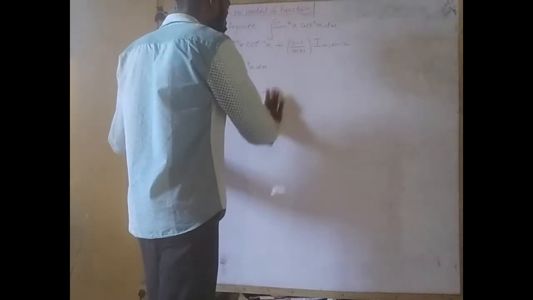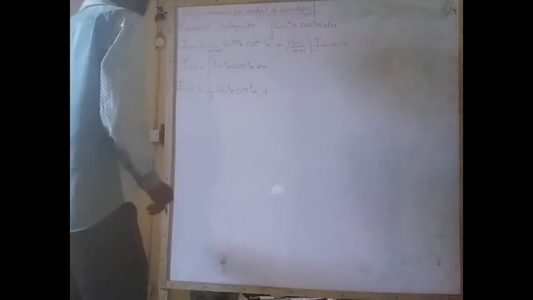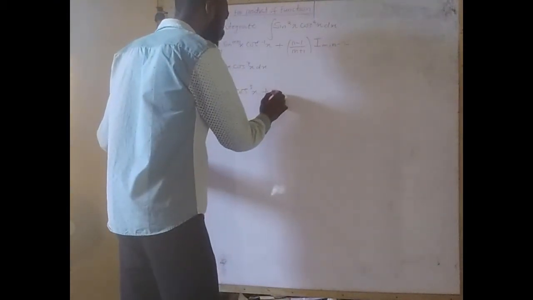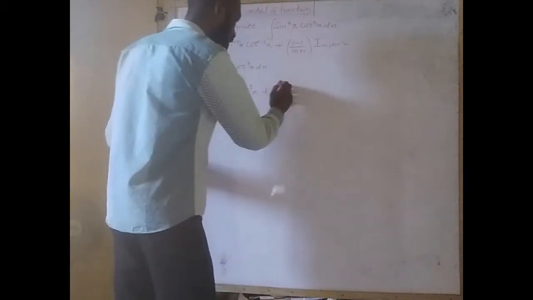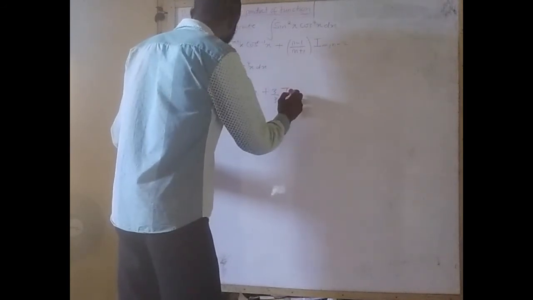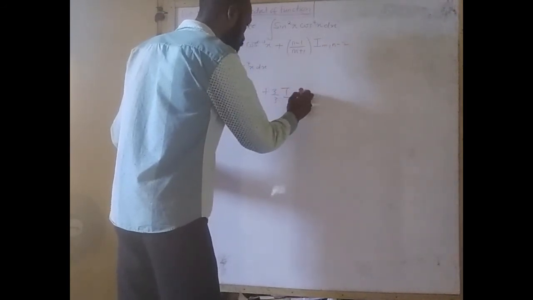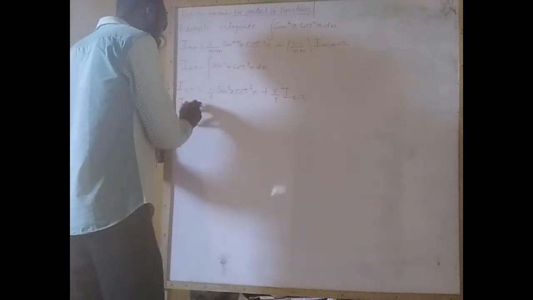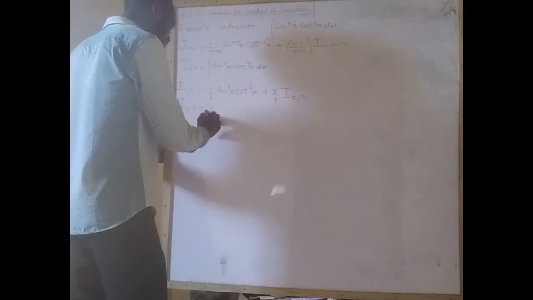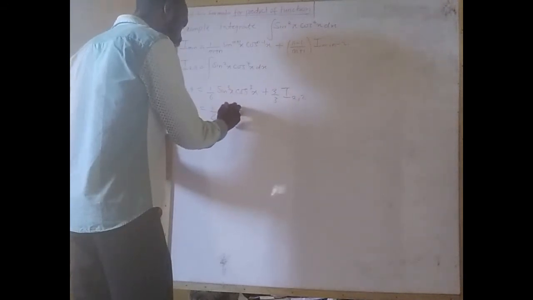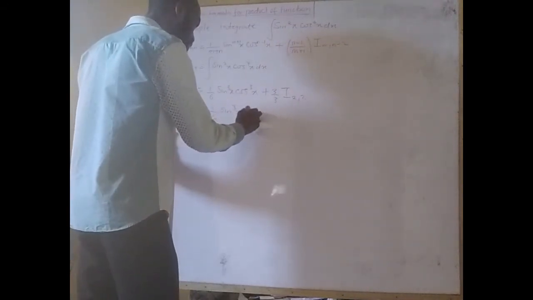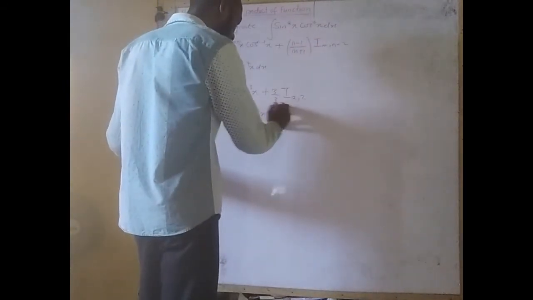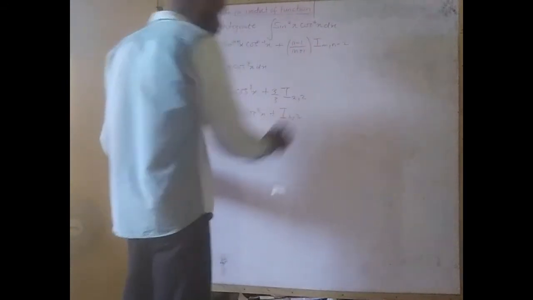Then this will just be 1. At the end of the day, my function I(2, 4) equals 1 over 6 sine power 3 of x cos power 3 of x plus I(2, 2).